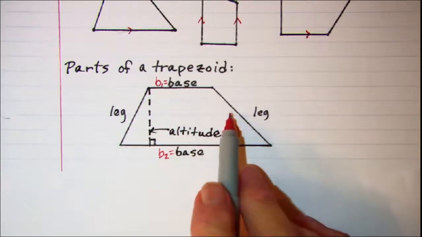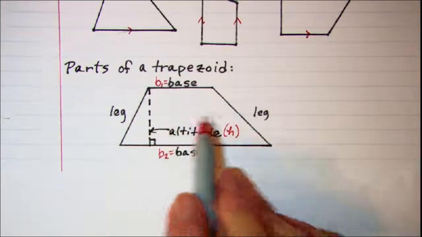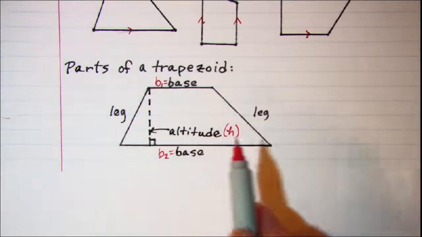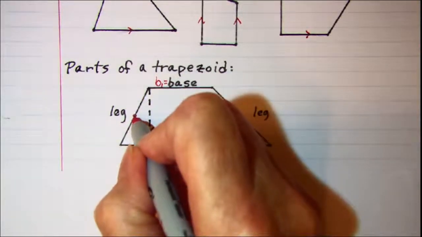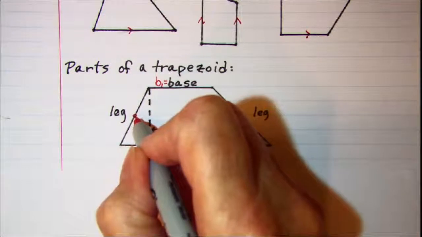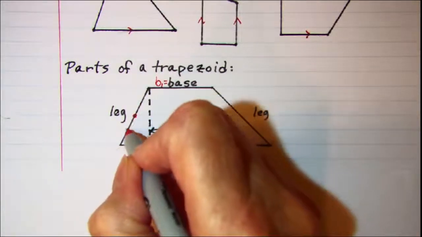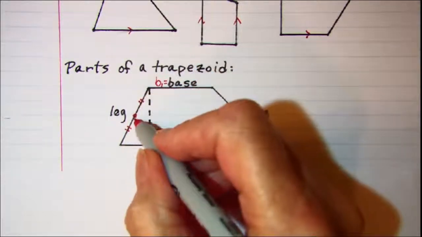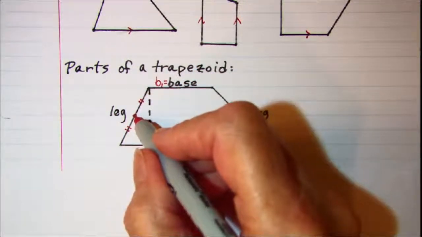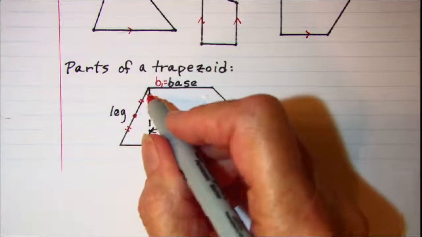Another part of the trapezoid that I've not shown here yet would be if you found the midpoint of the legs. So this point, let's designate that as the midpoint, meaning this segment is congruent to this one. So this is halfway in between the two endpoints of this leg.